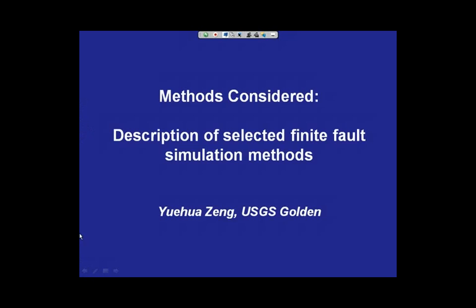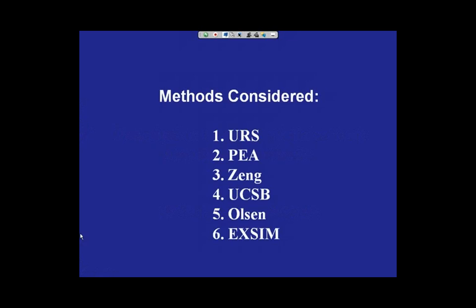I'm going to summarize the methods considered for the finite fault simulation. We have a total of 6 methods going to be used for the finite fault simulation, at least for the validation exercise.